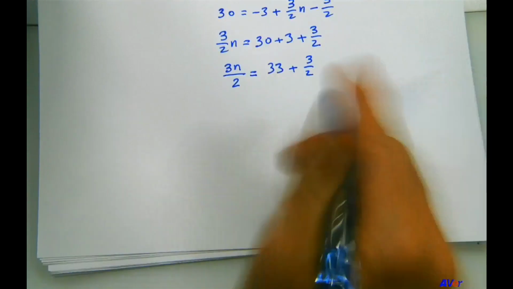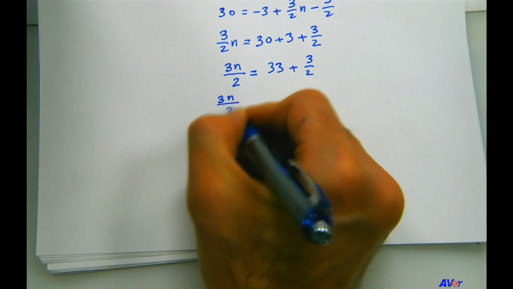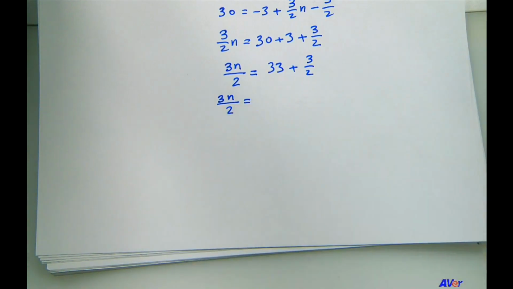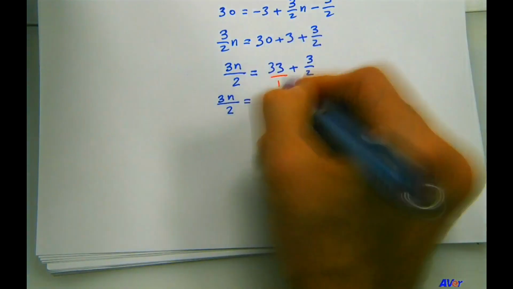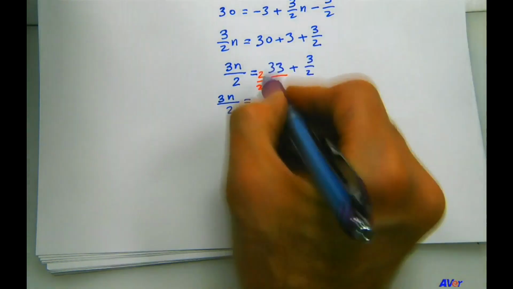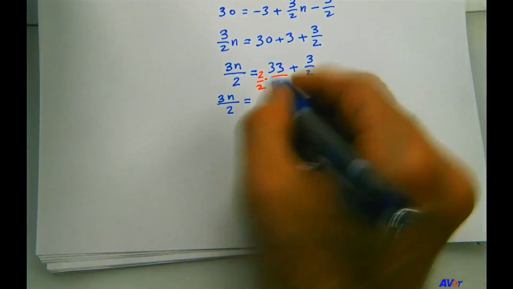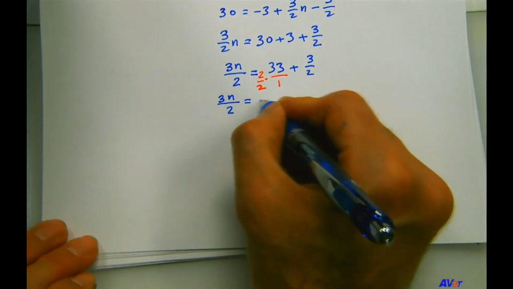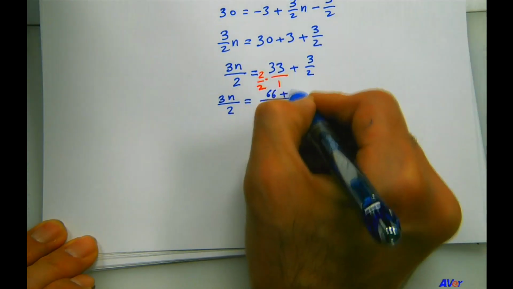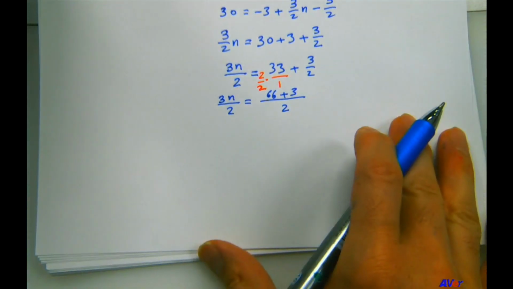Take the common denominator, so we have 3n over 2 equals, so taking the common denominator here, multiply this by 2 over 2. So then on this side we have 2, and then we have 66 plus 3.